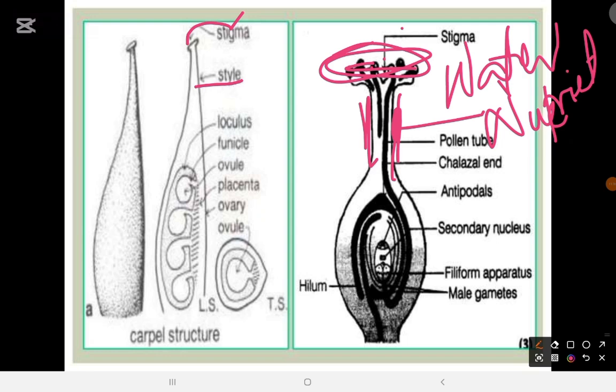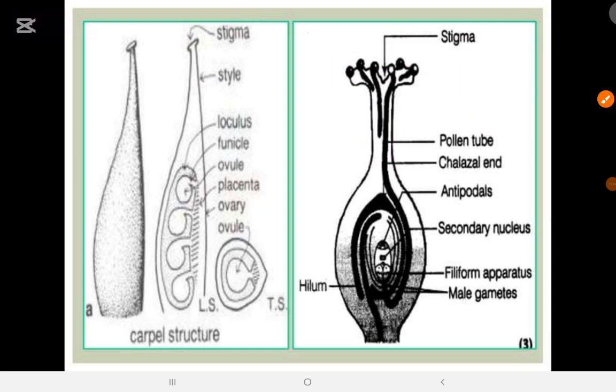That nutrient and water allow it to begin to germinate into what we call the pollen tube. As you can see here, the pollen tube is beginning to germinate downwards. The pollen tube germinates and enters through a portion known as the micropyle.